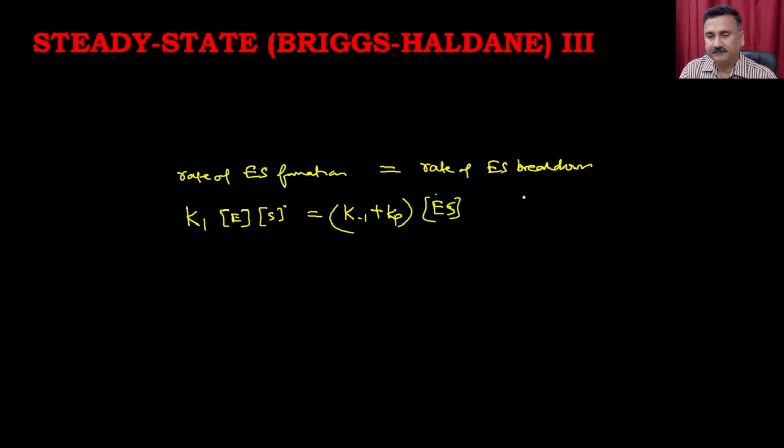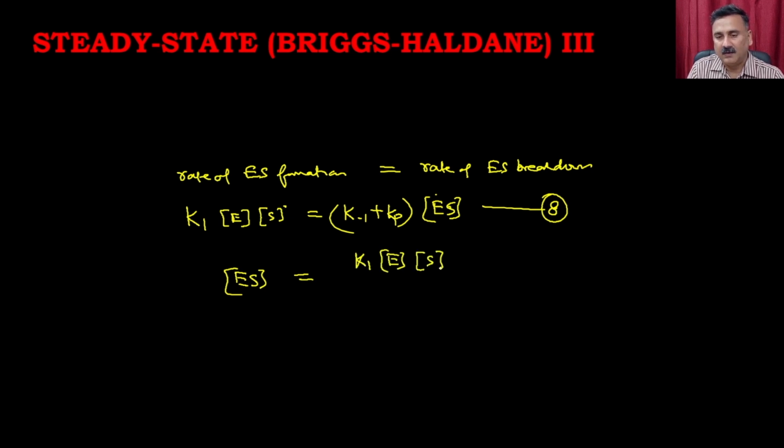Now, this is going to be equation number 8. Now, if you solve equation number 8 for ES, then ES is going to be K1 E S divided by K minus 1 plus Kp, right?